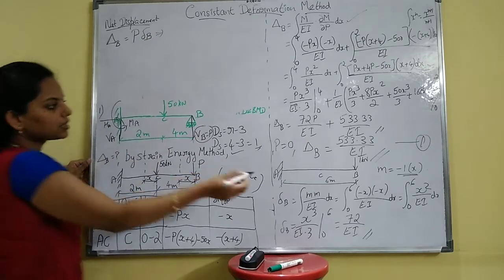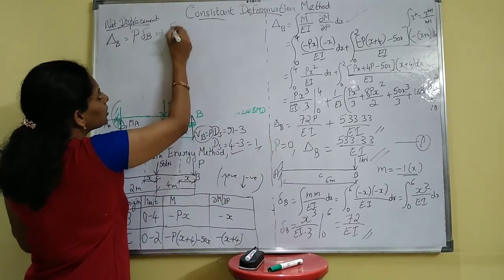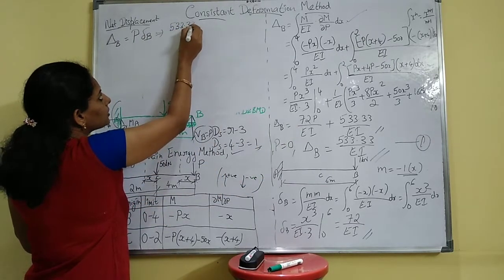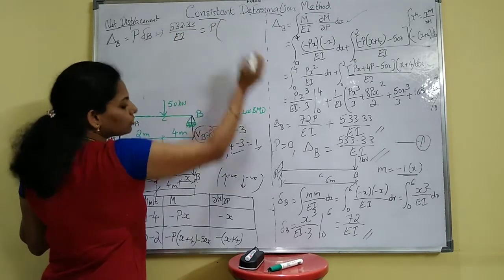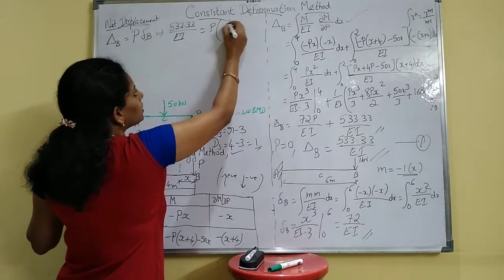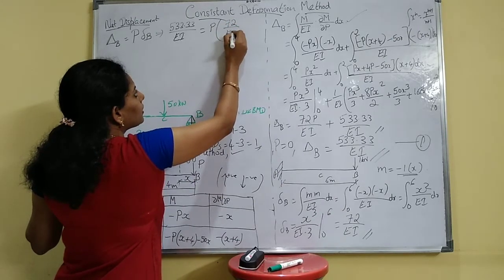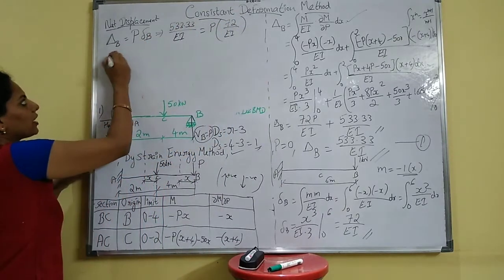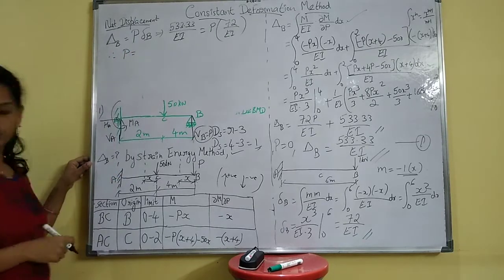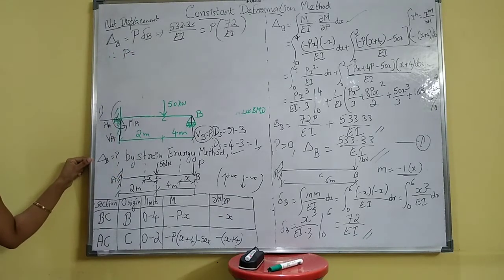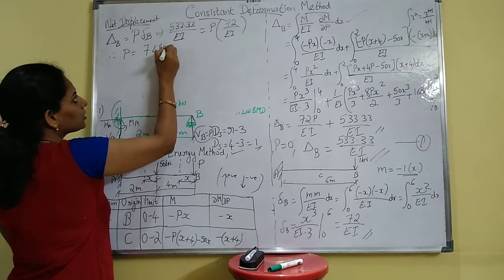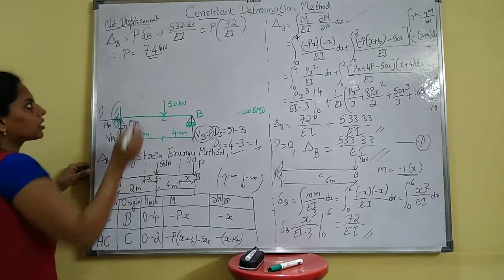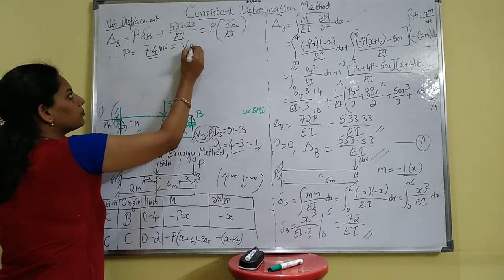This implies capital delta B is 533.33 by EI equal to P into, this is nothing but 72 by EI. Simplify and get the value of P. P is nothing but 7.41 kilonewton. Okay, this is nothing but VB.